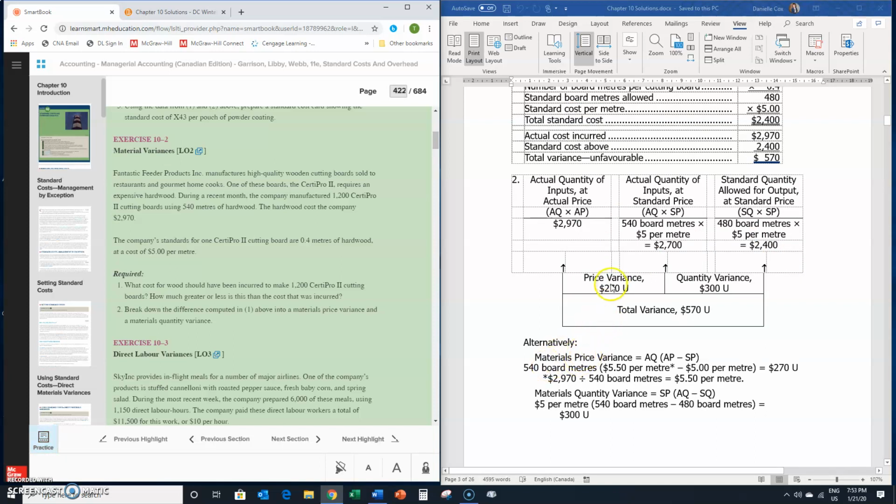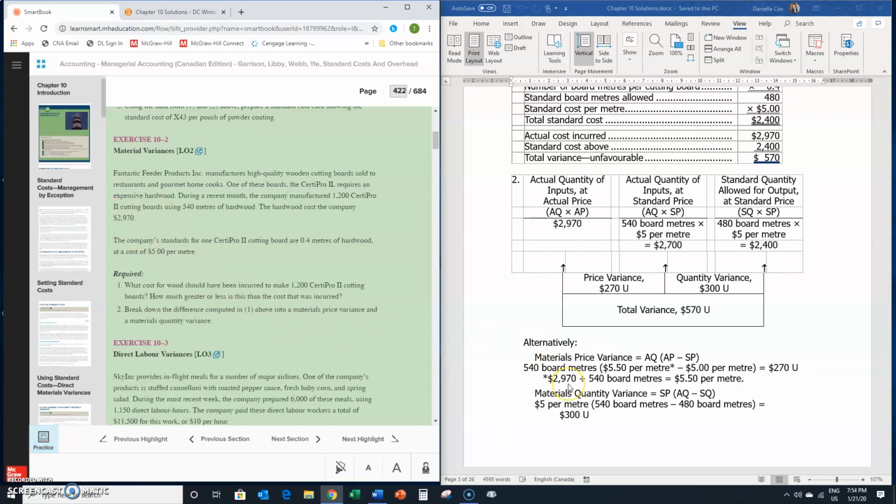So our material price variance is actual quantity times actual price minus standard price. So actual quantity was 540 board meters times actual price. Now there we had to work it out because we're given the total $29.70.